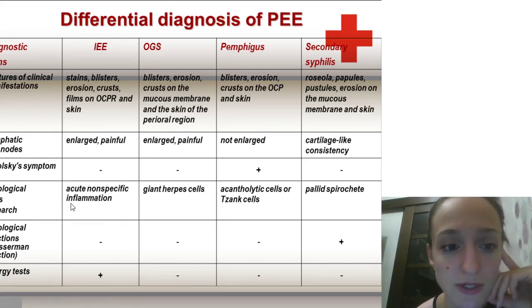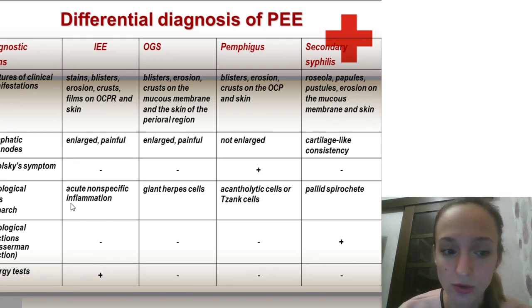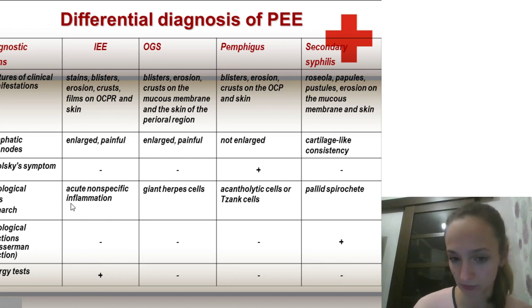Features of clinical manifestations. Then lymph nodes, Nikolsky symptom, cytological research, and serological reaction, and allergy tests. You should write this table in your synopsis.